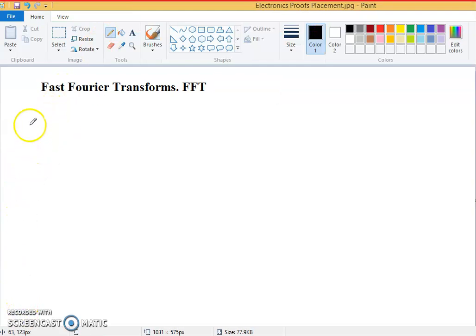If we see the discrete Fourier transform, that is DFT. What is DFT? DFT is called X(k).